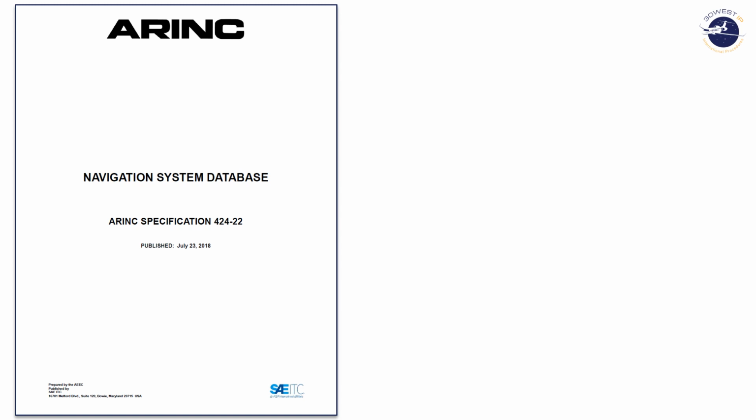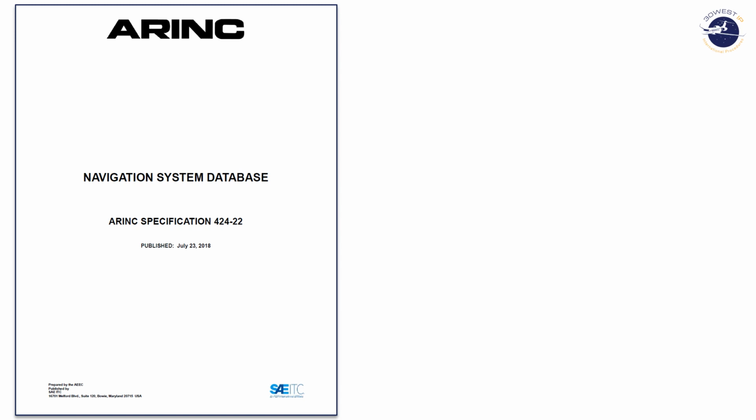Remember, the ARINC Specification 424 sets forth the air transport industry's recommended standards for the preparation of airborne navigation databases. The databases prescribed by this document are also used by computer flight planning systems, flight simulators, and other applications. This document is not a requirements document.